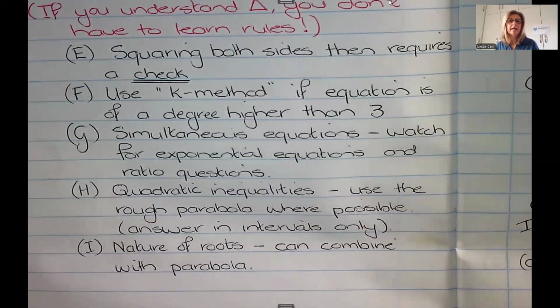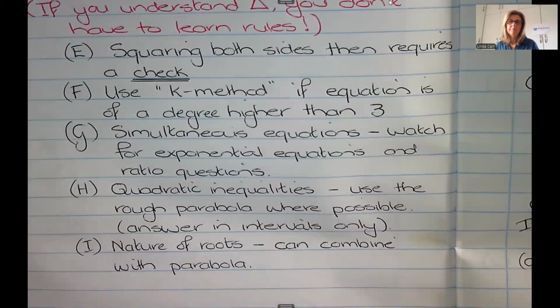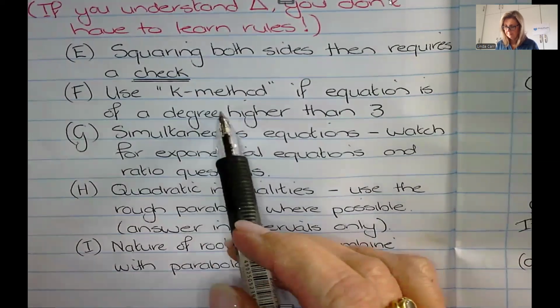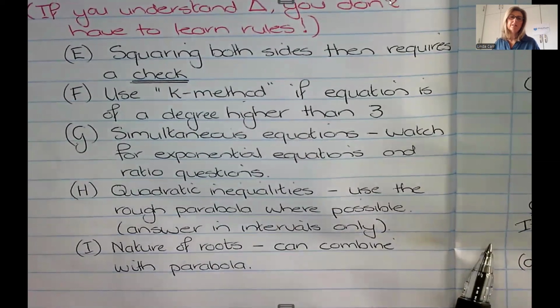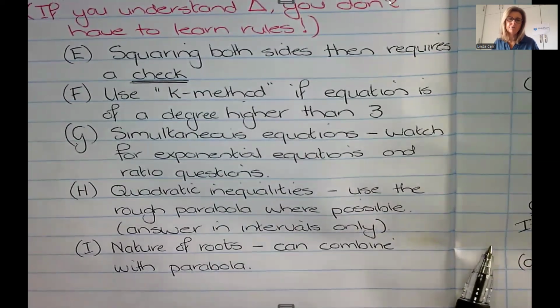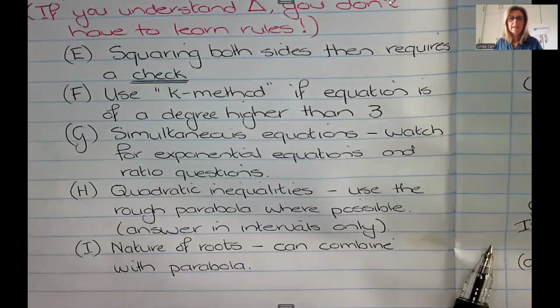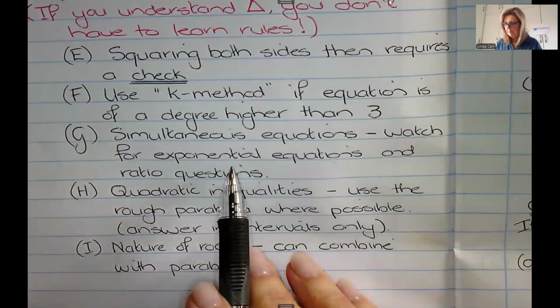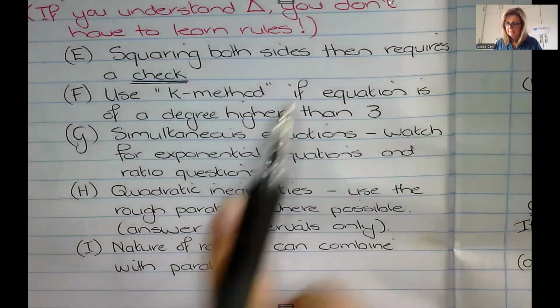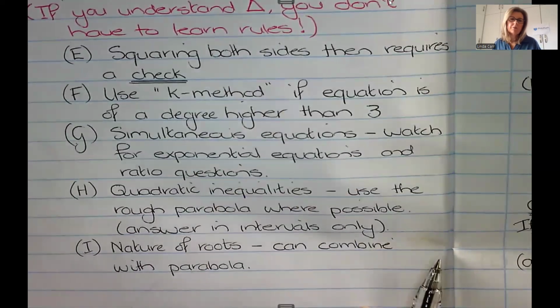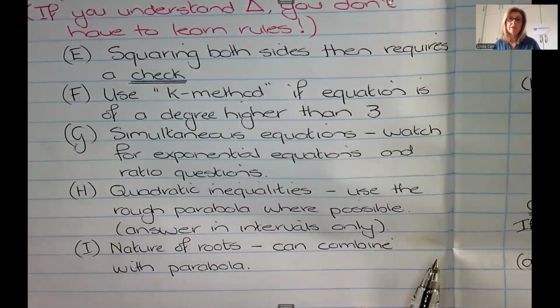If you use the K method, you can simplify a really complex looking equation. So it's very helpful if your equation looks like it's going to have a degree higher than 3. Simultaneous equations, just watch out for maybe some of the trickier ones of exponential equations and ratios. We'll have a look at one of those.